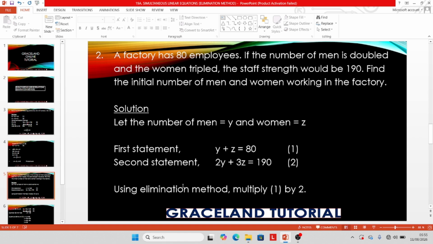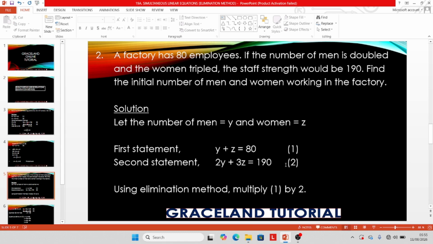Now, in using elimination method, determine whether you want to eliminate y or you want to eliminate z. But in this tutorial, I'm going to eliminate y first. Now, to eliminate y, we can see from the first equation, we have y plus z is equal to 80.